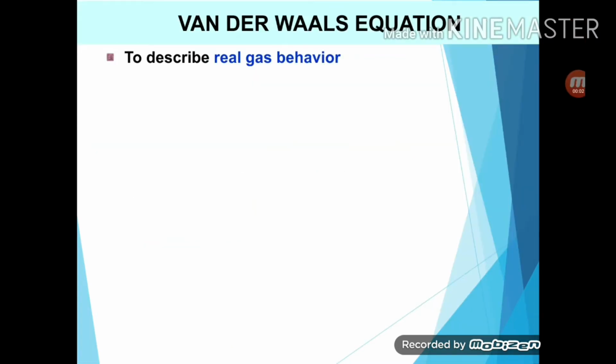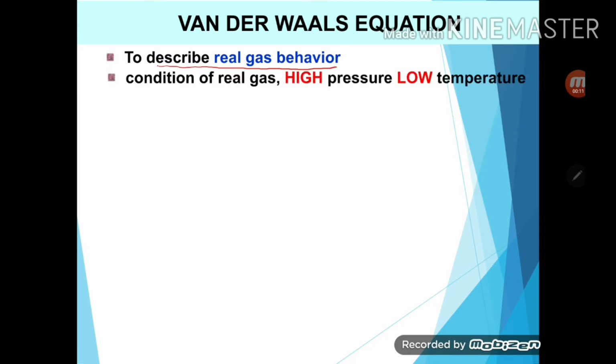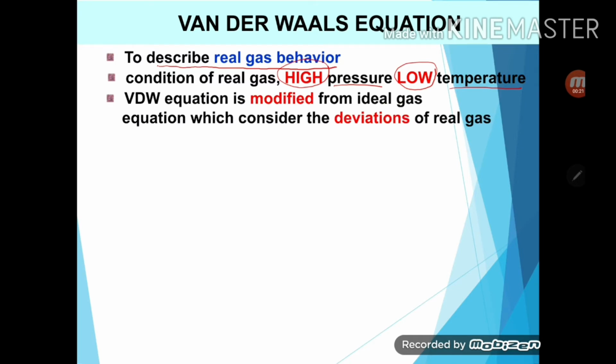Van der Waals equation. The Van der Waals equation describes the real gas behavior. And the condition of real gas is at high pressure and low temperature. The Van der Waals equation is modified from the ideal gas equation, which considers the deviation of real gas.